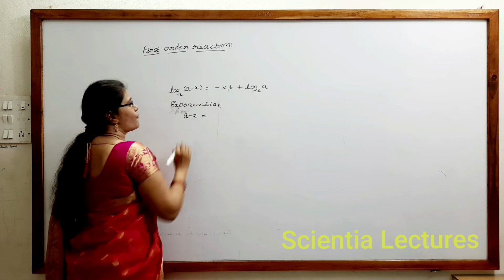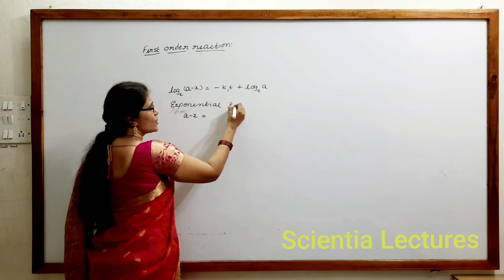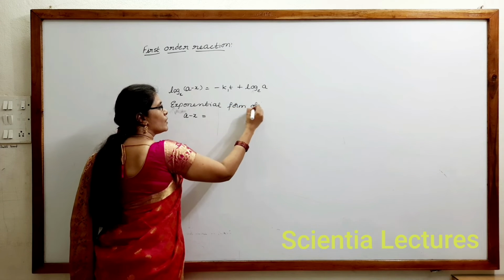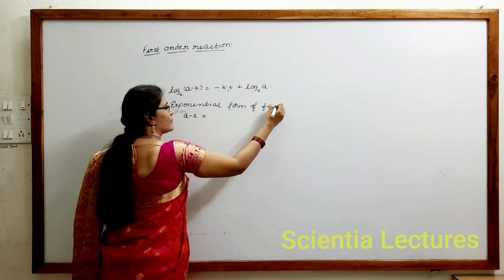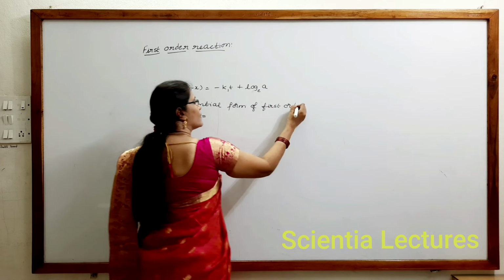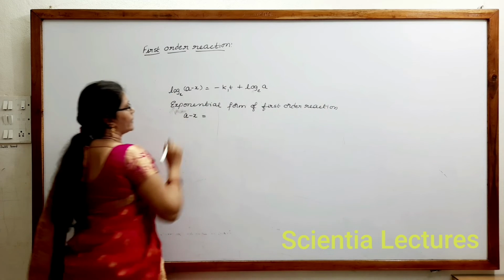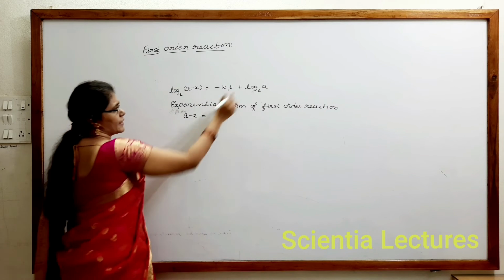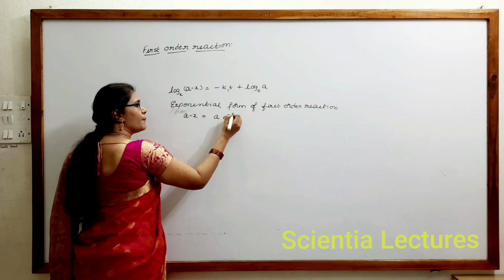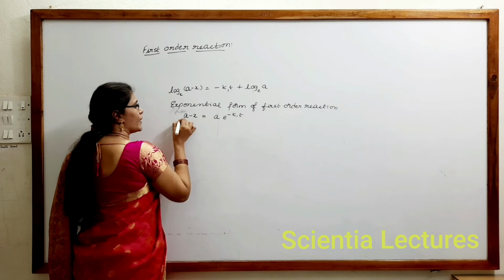So the exponential form of first order reaction is a minus x equal to a e power minus k1t.